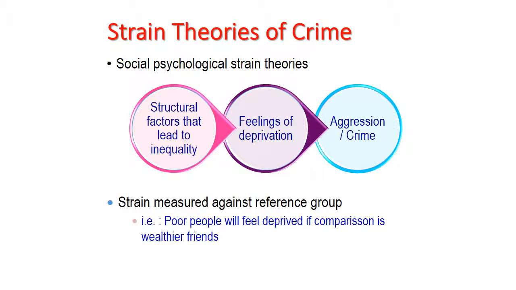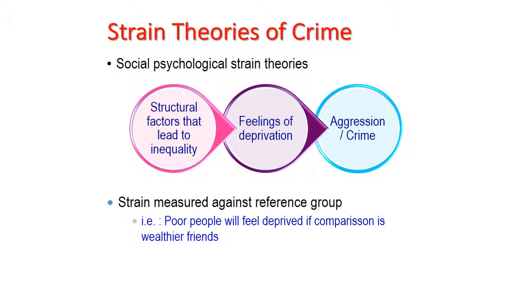Merton also goes on to propose that when faced with constant structural factors that lead to feelings of inequality and deprivation in the long run, this can also result in somebody resorting towards crime.